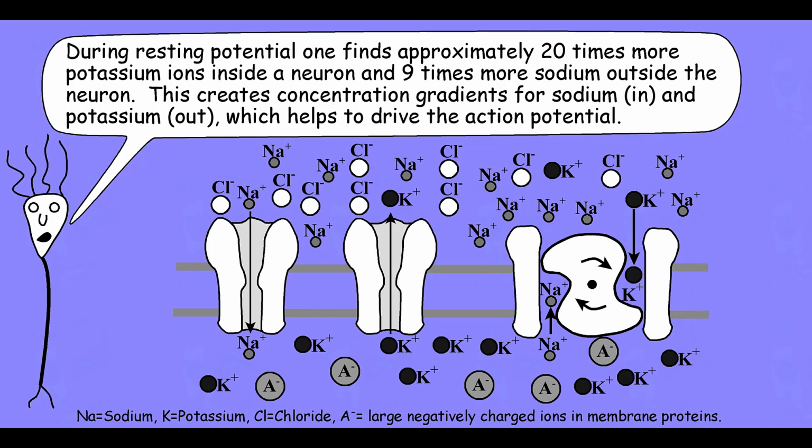Now, these create concentration gradients so that sodium, which is concentrated outside the neuron, will move towards the area of lower concentration inside the neuron because of this concentration gradient. And likewise, potassium, which has a higher concentration inside, will move towards the area outside of the neuron that has a much lower concentration. Now, these forces, called diffusion, are relatively weak and slow.